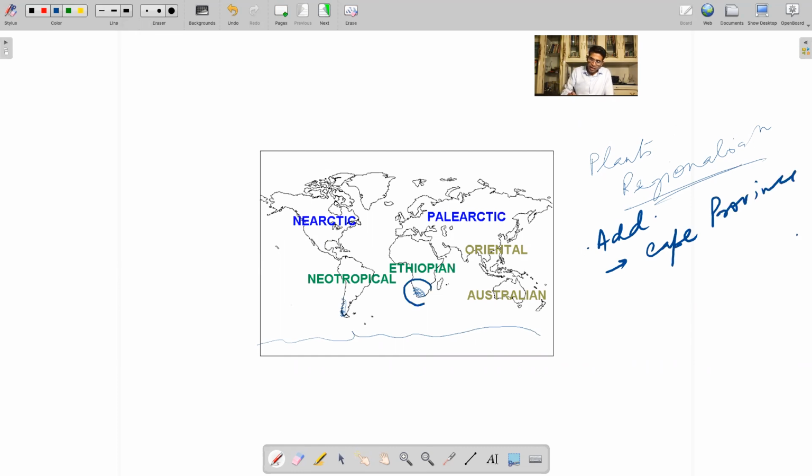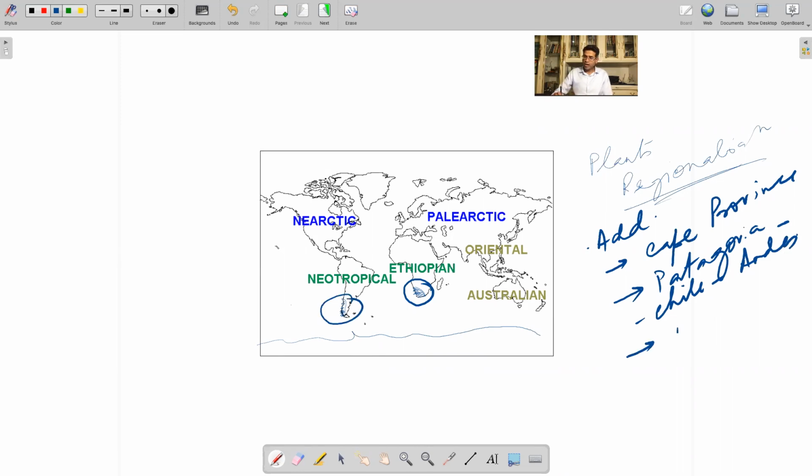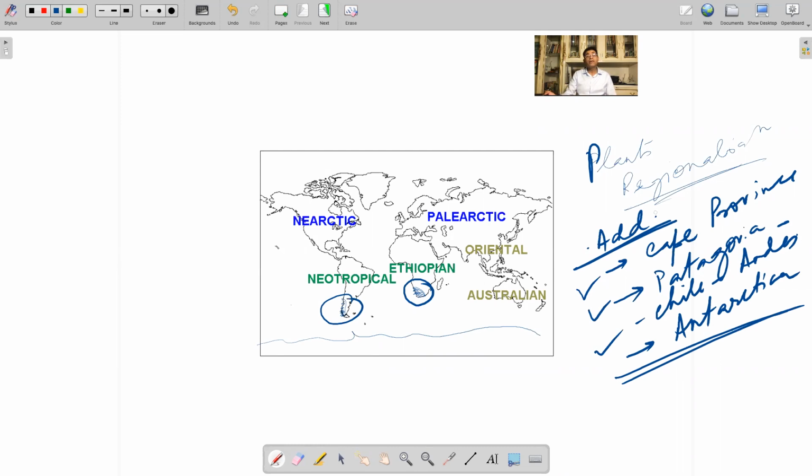This is the Cape Province. You also add Patagonia, Chile, Andes region, and you add Antarctica. To the regular scheme of plants, if you add these three, you get the plant kingdoms, the floristic kingdoms of the world.